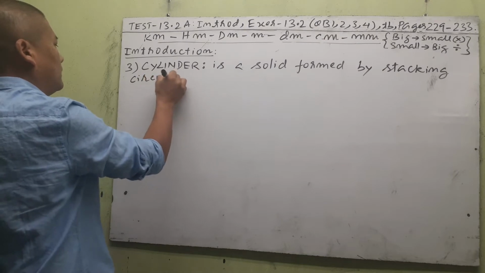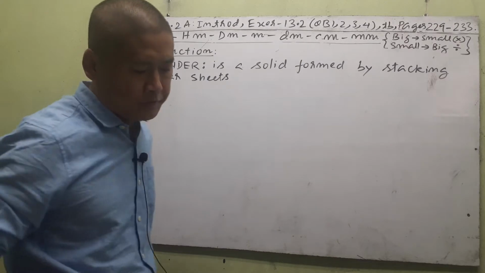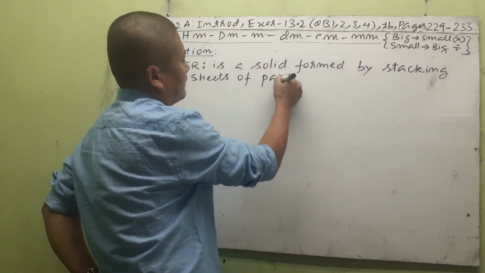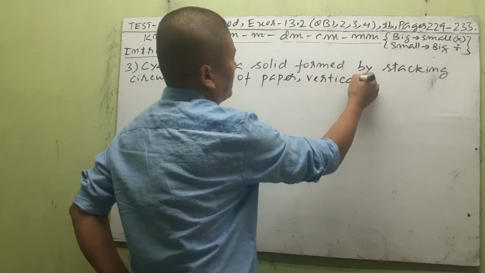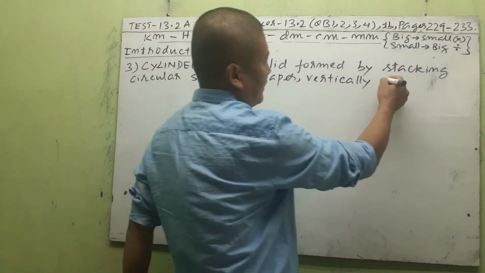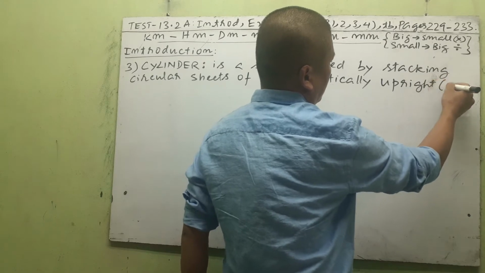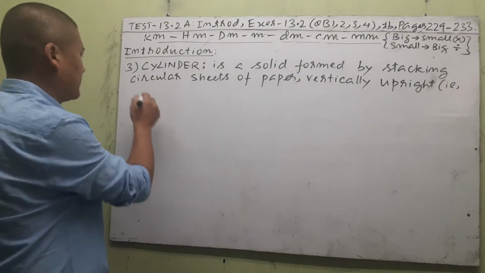Circular sheets of paper, stacked vertically. This is important, vertically, upright. That is, the meaning is right angles to the circular base.